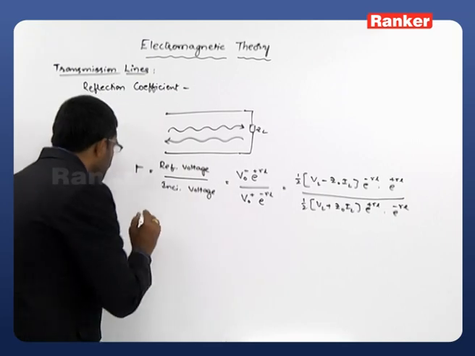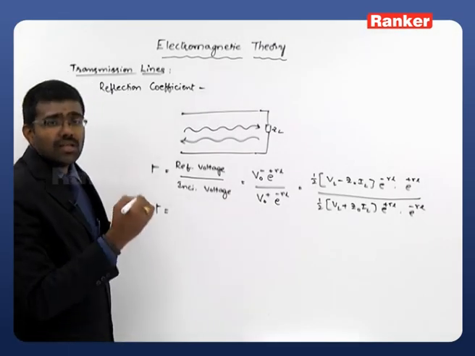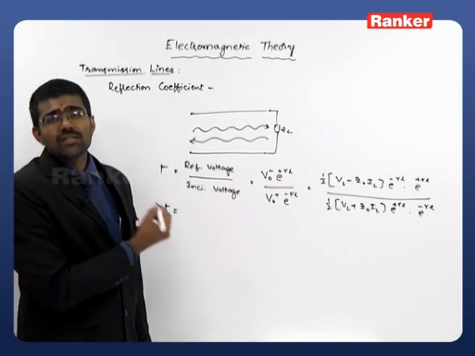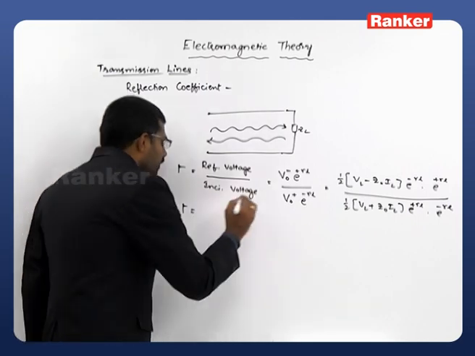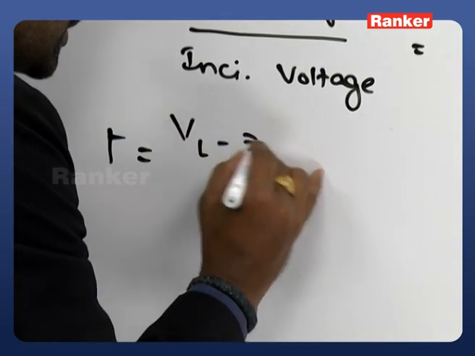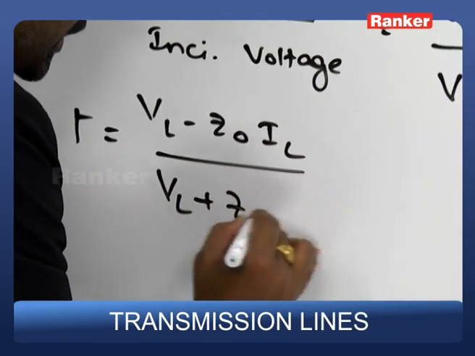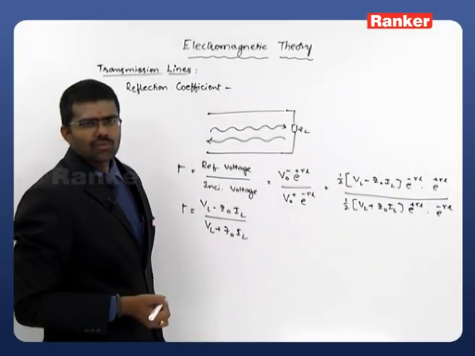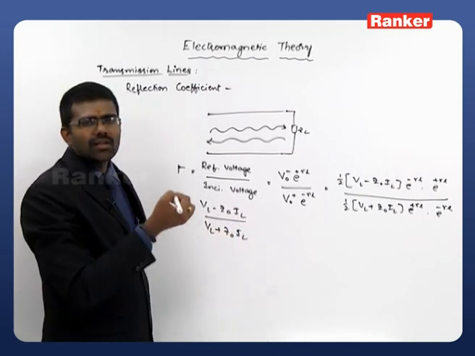So the reflection coefficient to be observed for the voltage, that's why I specifically mention this as the voltage reflection coefficient at the load. So gamma is equal to (VL minus Z0 IL) divided by (VL plus Z0 IL). That is what you can write, right? Now I will take this IL common from both numerator and denominator.